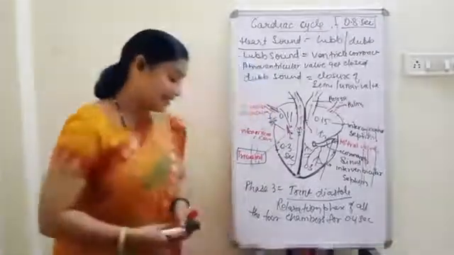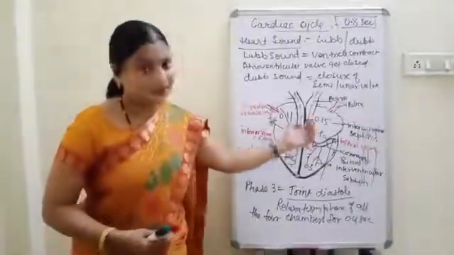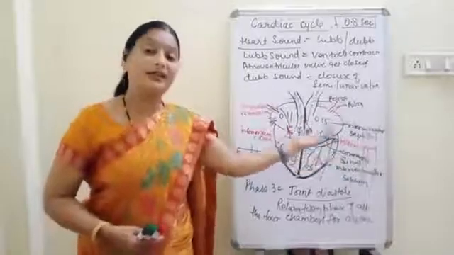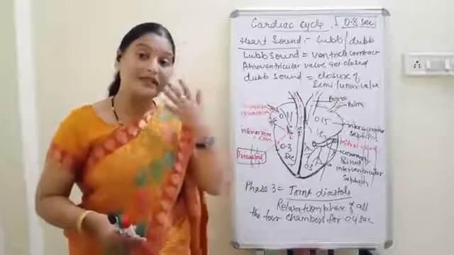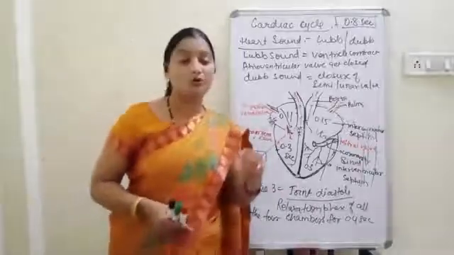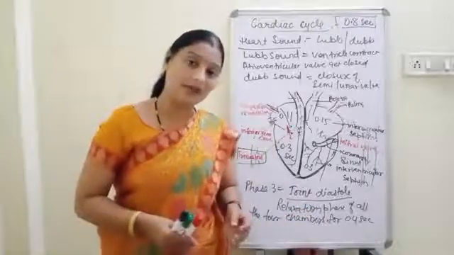Now, children, we have the blood pressure. Blood enters the heart with the help of the pressure. Okay, the pressure can be measured again in the systole and the diastole. Systole is near about 120 mmHg and diastole is about 80 mmHg.